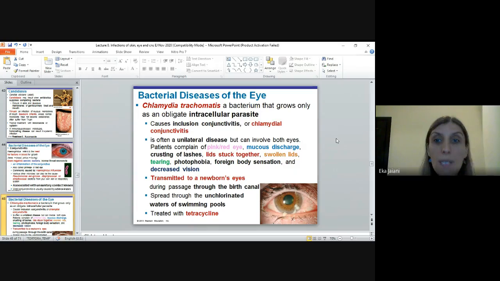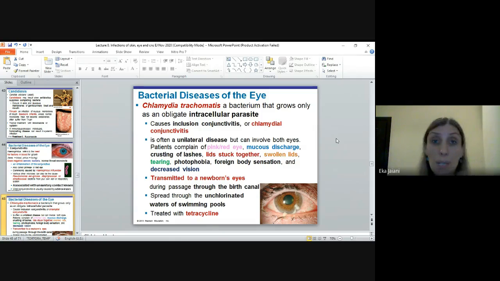Chlamydia trachomatis. Chlamydia are very, very small bacteria, like rickettsia. They can go through filters through which normal size bacteria could not pass. Chlamydia are intracellular parasites, similar to viruses, so they go inside the cells.